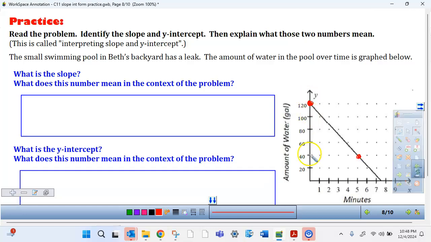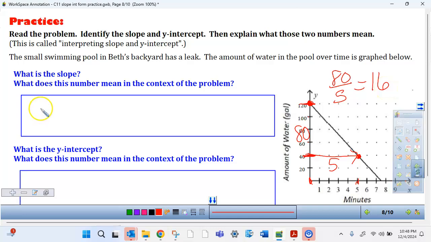What is the change in y? 120 to 40: 20, 40, 60, 80. What is the change in x? You're going from 0 to 5, so the change in x is 5. 80 divided by 5 is 16.